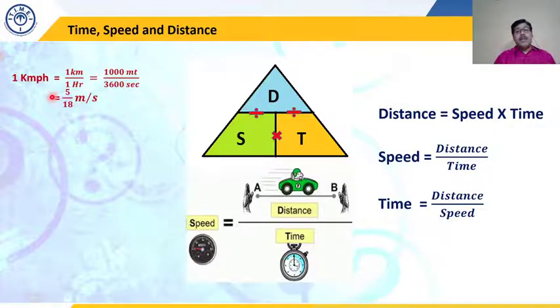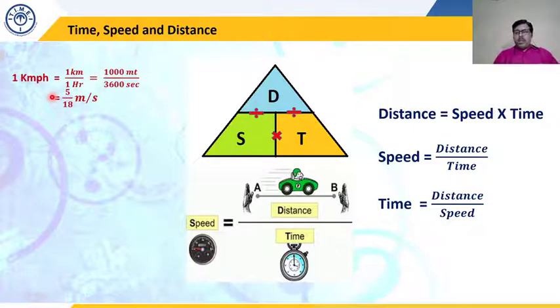This relation is very useful, and you can treat this one as a reference formula. You need to use this equation time and again in this chapter. So 1 kilometer per hour is equivalent to 5 by 18 meter per second.